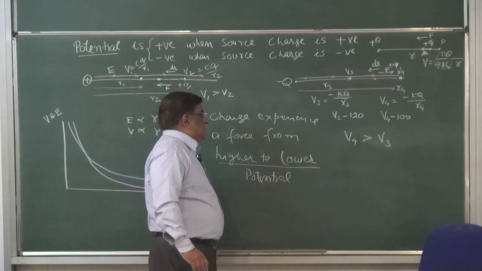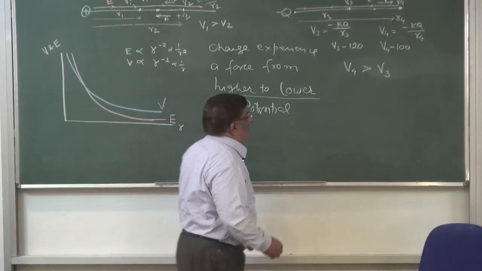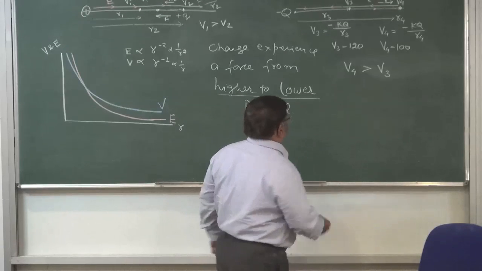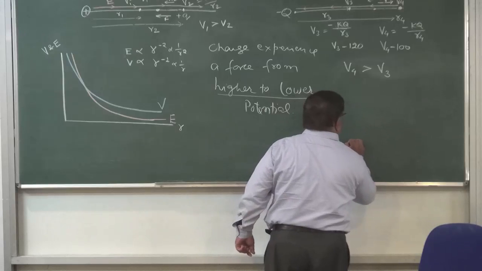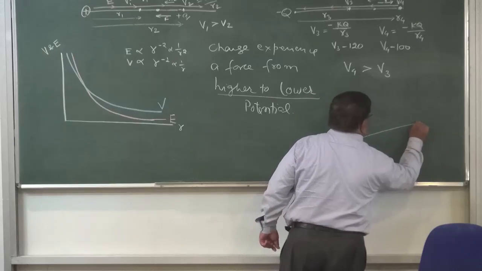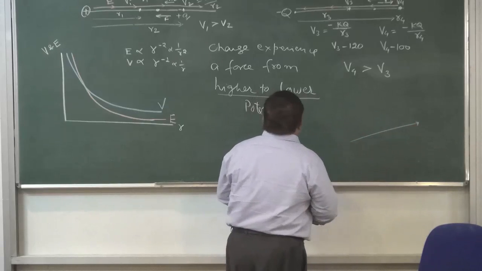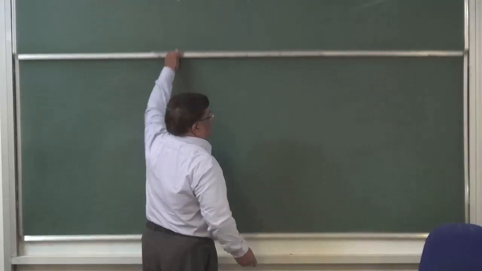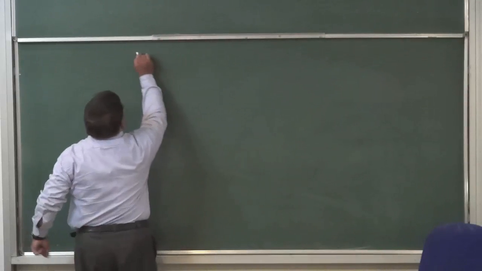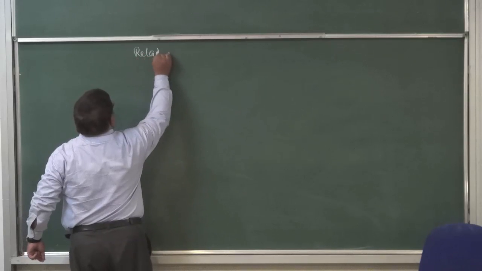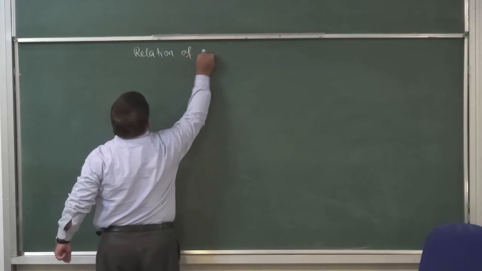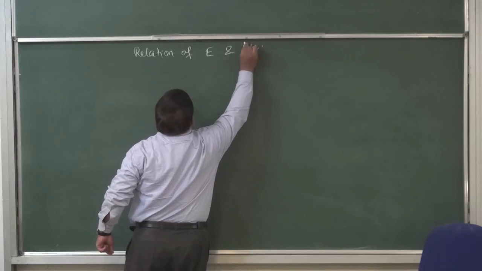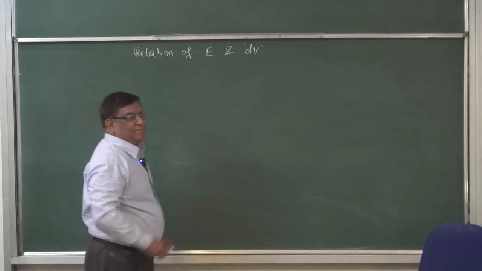At any place there is an electric field, say in this direction. dV is the potential difference.